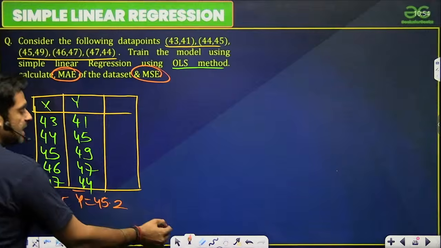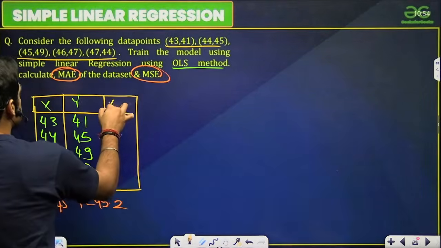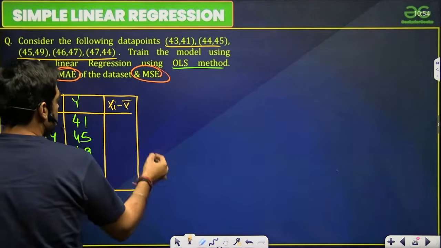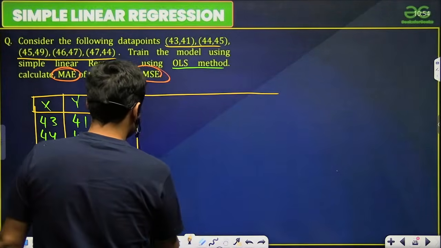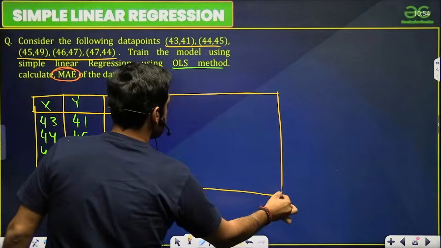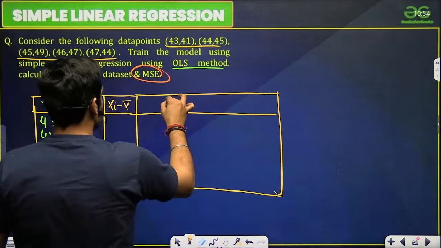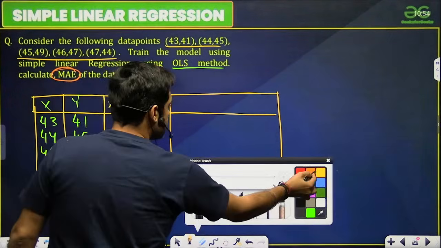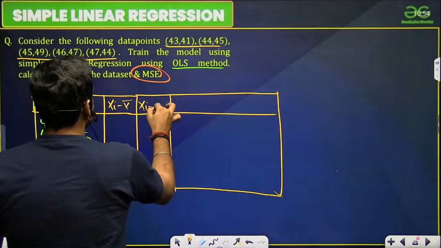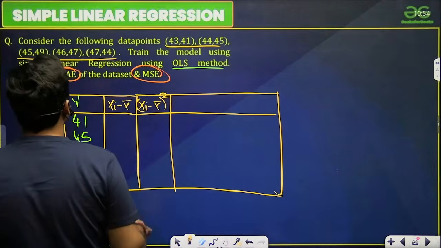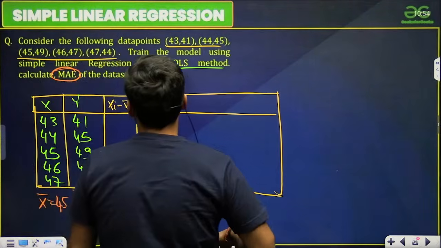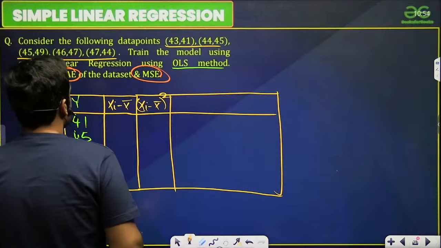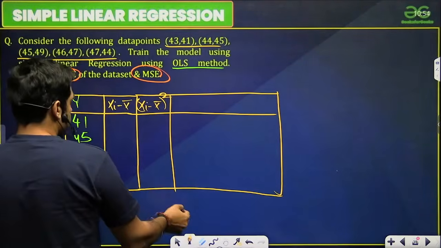Now let us calculate xi minus x bar, then xi minus x bar whole square, because the slope would require xi minus x bar whole square.